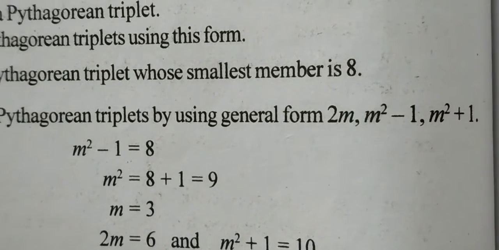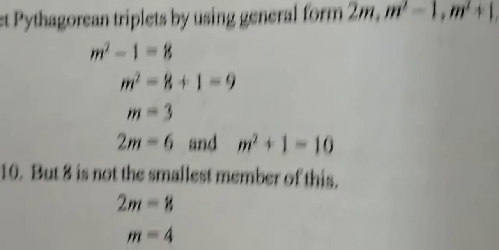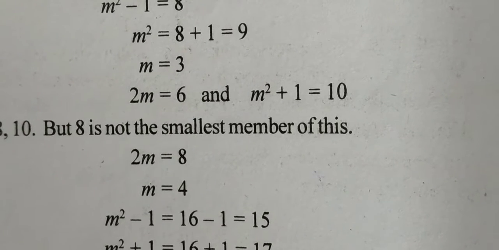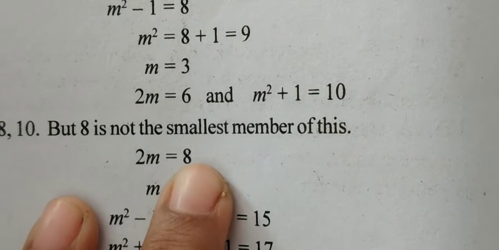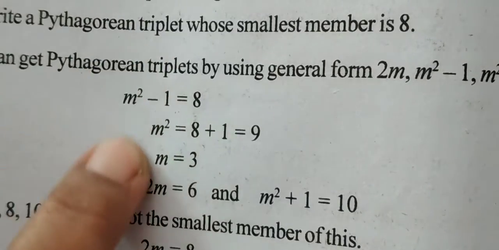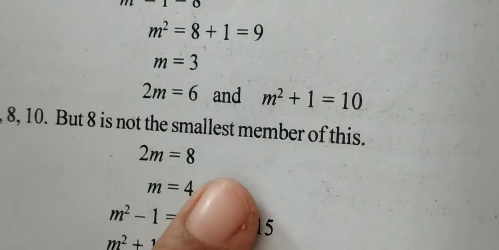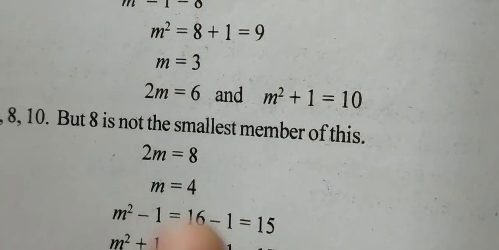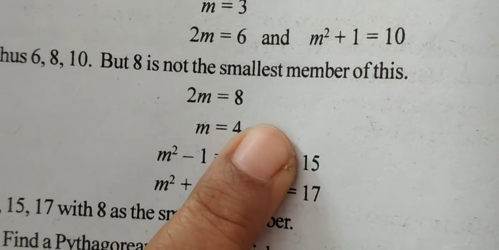So it would be better, if it is told that the given number is the smallest member, to consider 2m is equal to 8 right from the start. So 2m is equal to 8, m is equal to 8 divided by 2, so m is equal to 4.